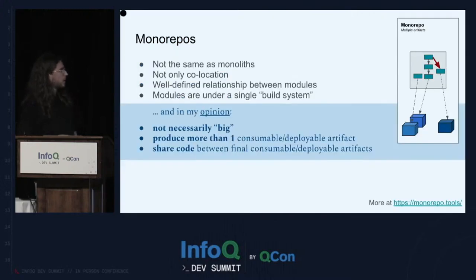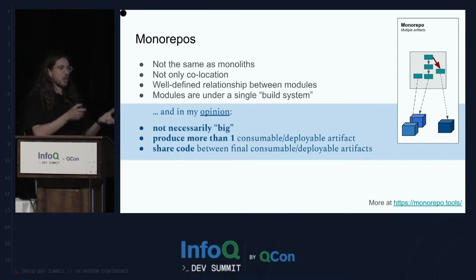Okay, so giving a definition of what a monorepo can be understood as in this presentation, and in my view, you can say that monolithic applications are not always coming from monorepos. I think everyone knows that, right, from your works.